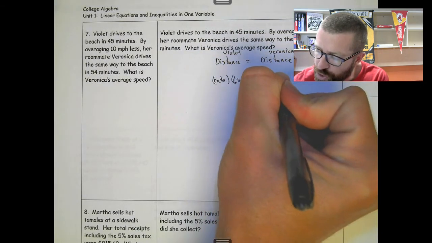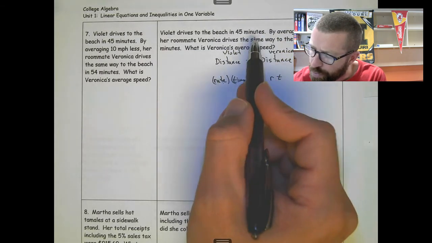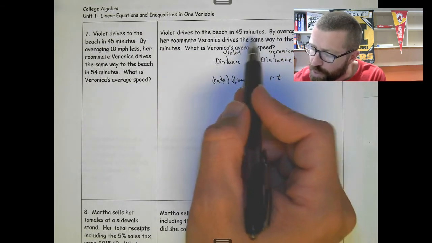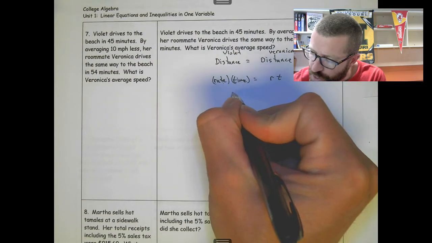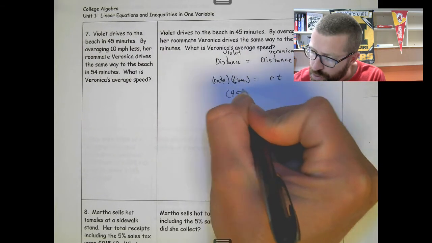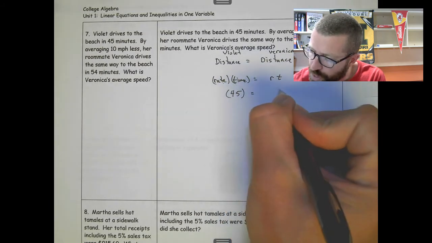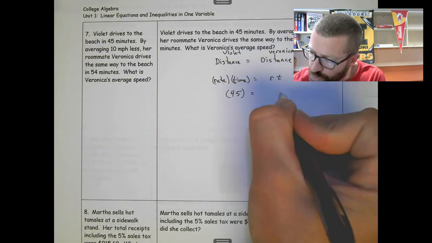I'll just use r and t over here. So Violet's rate, we'll get that in a minute, but it's 45 minutes time. And then Veronica's rate, we'll get that in a minute. The time we know is 54 minutes.